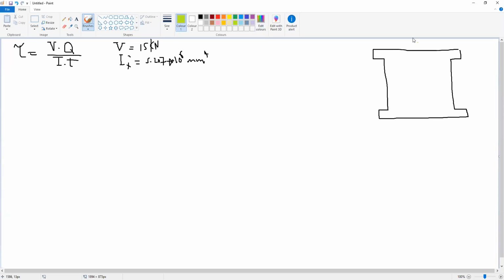And we know that the centroid is here. This is X dash, Y dash, and this is our centroid.